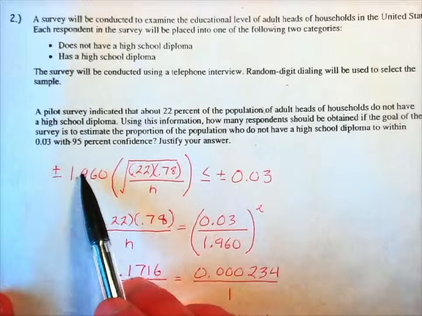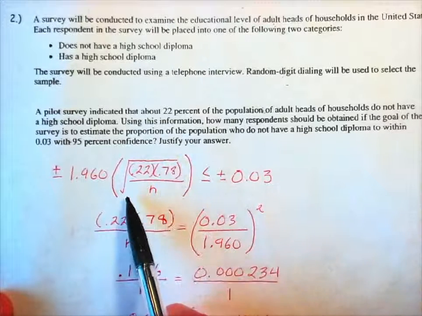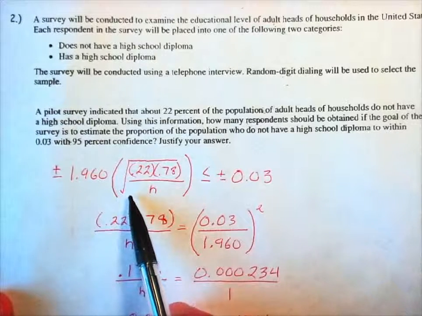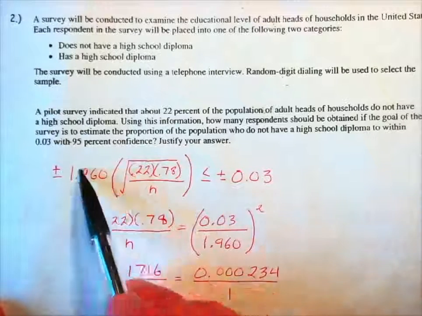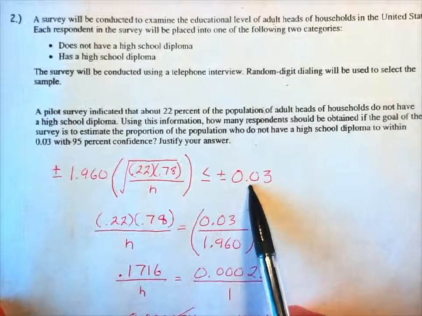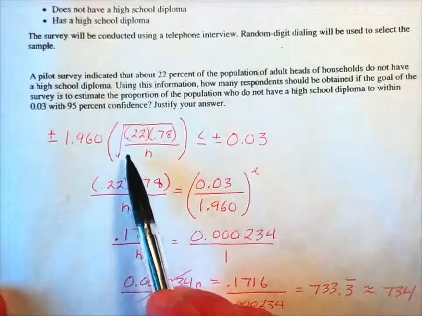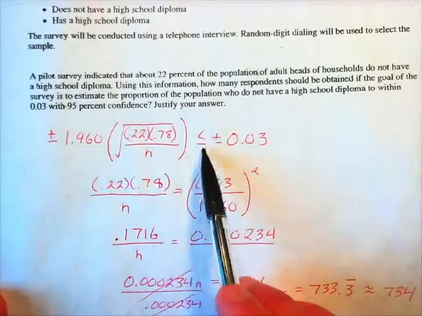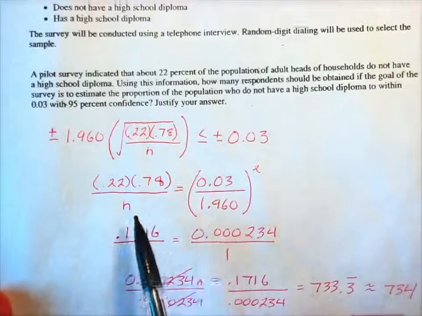So the margin of error is built using the critical value, and then this is the standard error, or the standard deviation of the sampling distribution. We want to find an n so that this margin of error will be less than or equal to plus or minus 0.03. To do the actual solving, you can just set this expression equal to 0.03; you don't have to worry about the pluses or minuses.